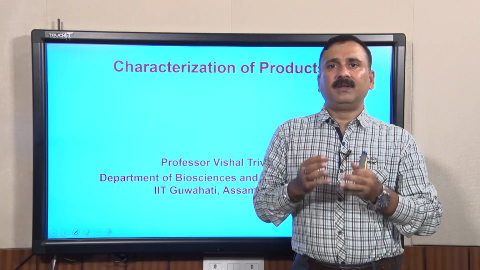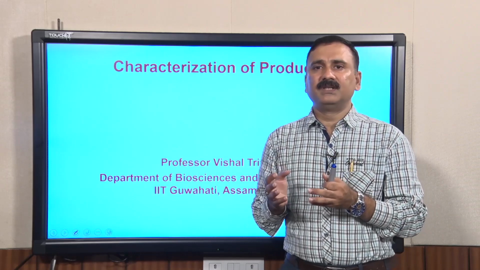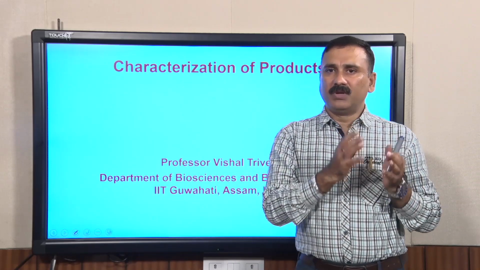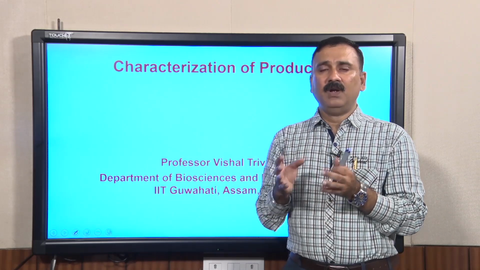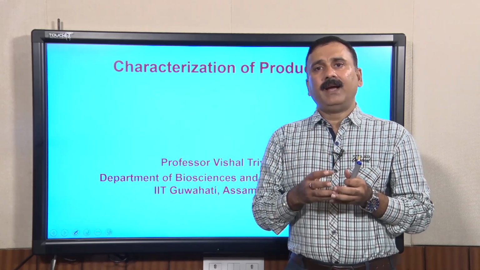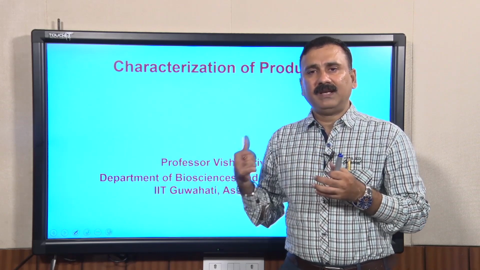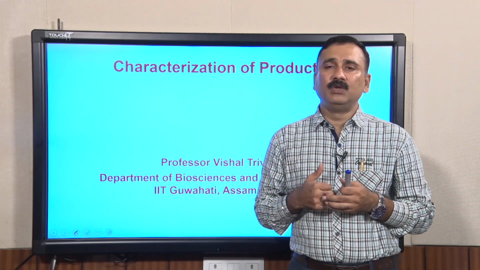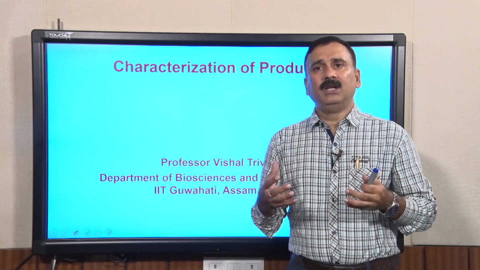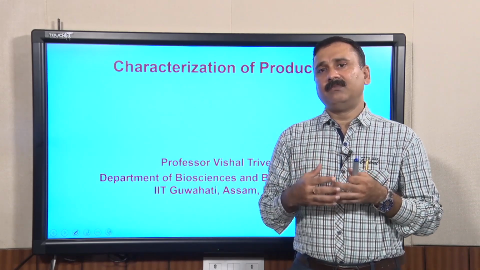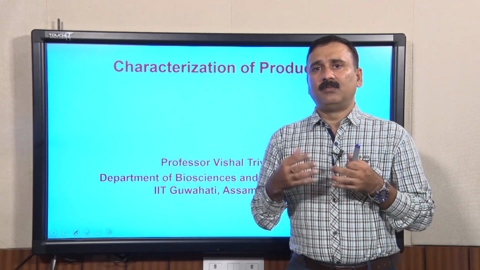For this purpose, so far we have discussed protein sequencing, to know that the protein you are getting from the host is the right protein. In addition, in the previous lecture we discussed how UV visible spectroscopy, or in general spectroscopic techniques, can be used to characterize the product.